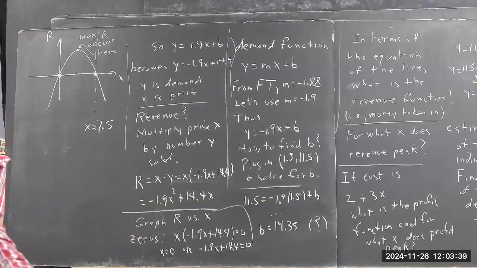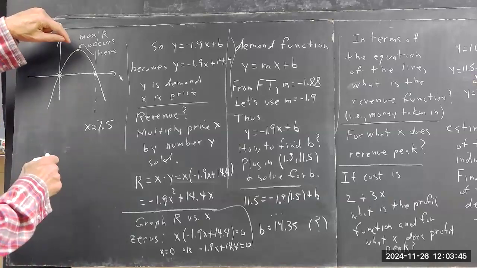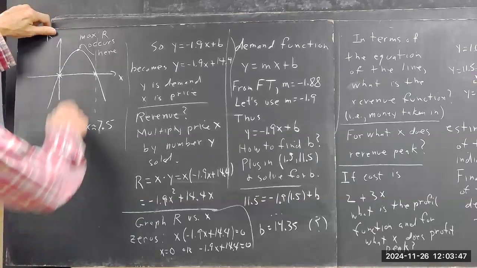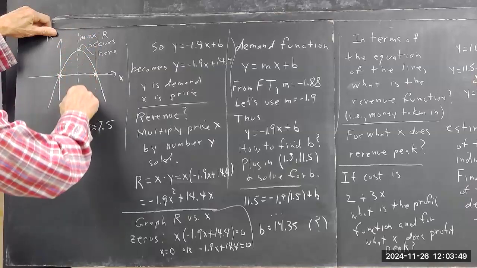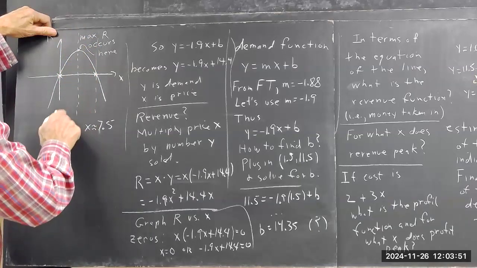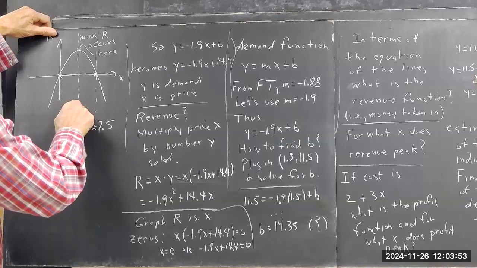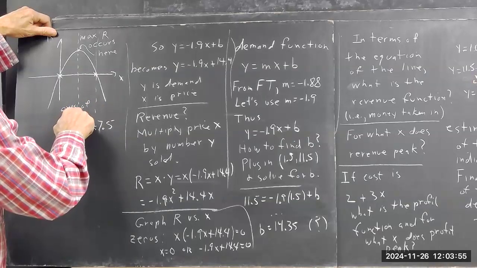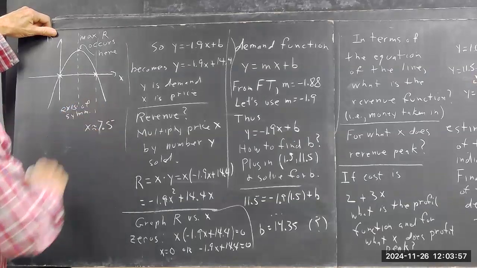We don't know the x coordinate yet, but because of symmetry, here is the vertex, the high point. Here's the axis of symmetry.